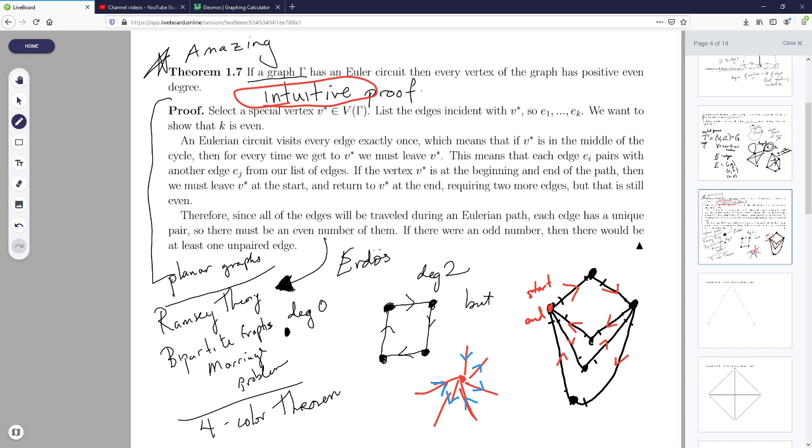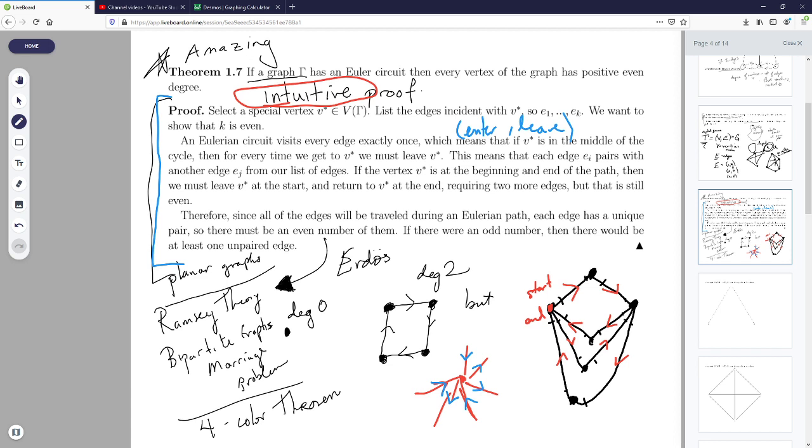So the point is that they all have to pair, an enter with a leave. Because of that, there has to be an even degree, because there has to be an even number of things around here. And that's exactly what this proof says.